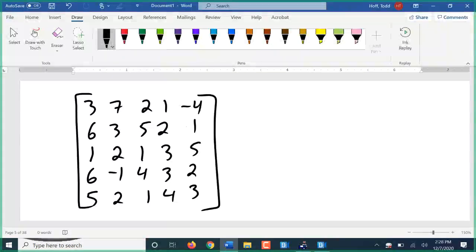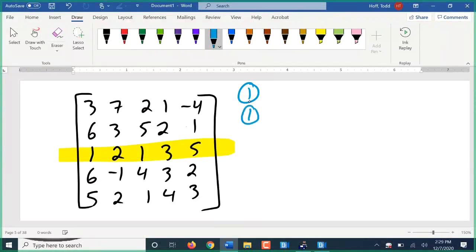If I ask you to do the determinant of a 5x5 matrix, you have to pick a row or a column to expand around. It really doesn't make a difference here. I'll pick that third row. To expand around the 1, its entry is 1, it's row 3, column 1.